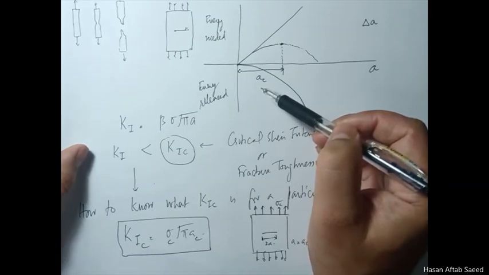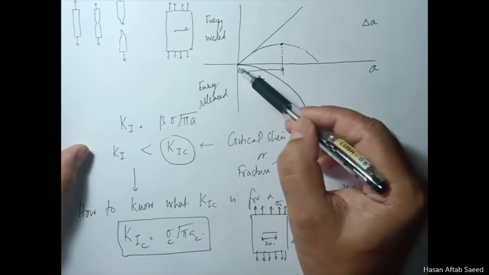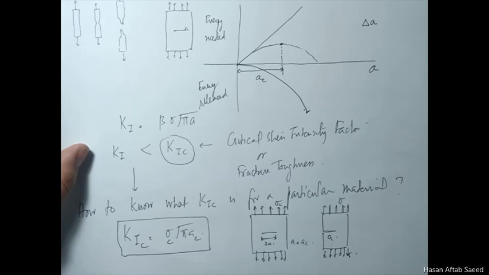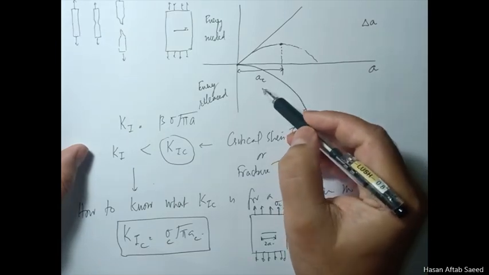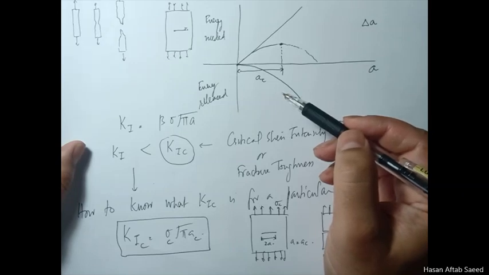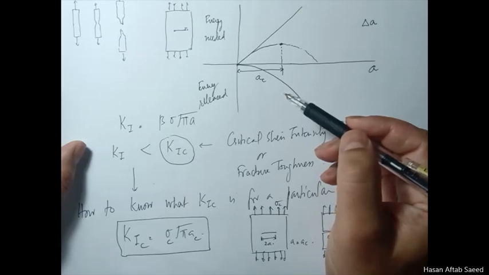They start from scratch and then they grow. So we are not going to use a material with a crack bigger than the critical crack length, obviously, because it will fail immediately. So if all cracks start as very small cracks and then they grow, then how come anything ever breaks?